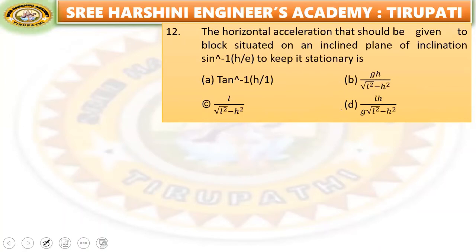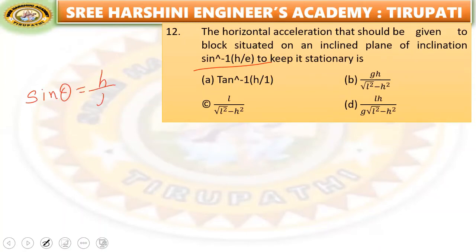The horizontal acceleration that should be given to a block situated on an inclined plane of inclination sin inverse of h by l, to keep it stationary. Here sin theta is equal to how much they gave?